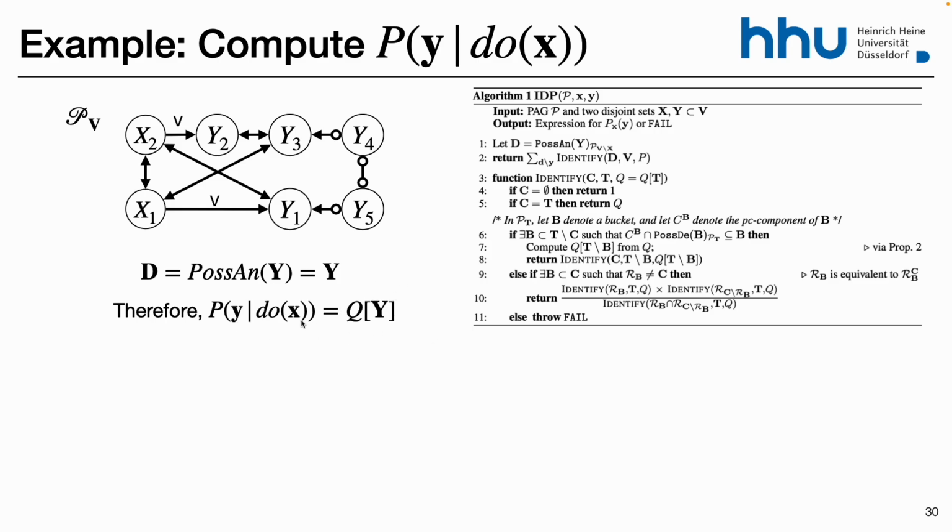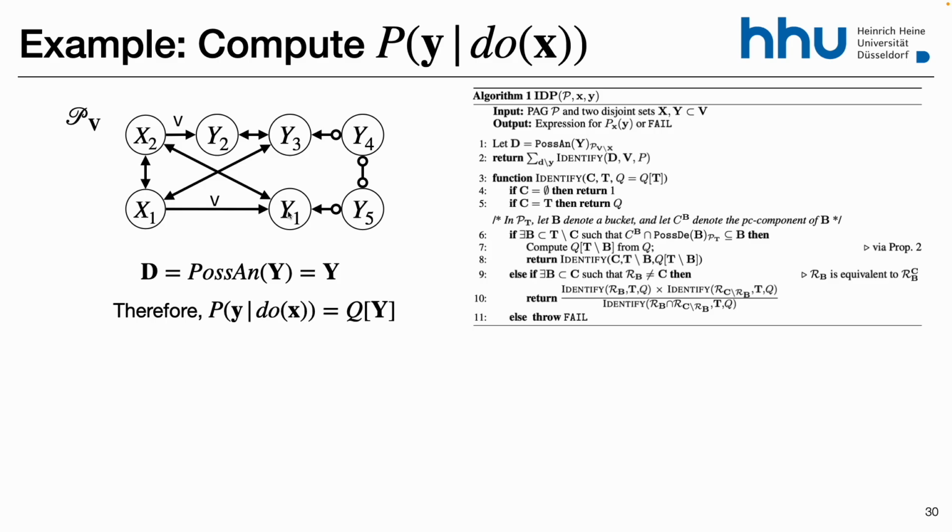The QY is the effect of everything else on Y, and everything else is my X. So I have to remove the X here and then compute the possible ancestors of Y. That's just Y, because that's the only thing remaining, and you're always an ancestor of yourself.